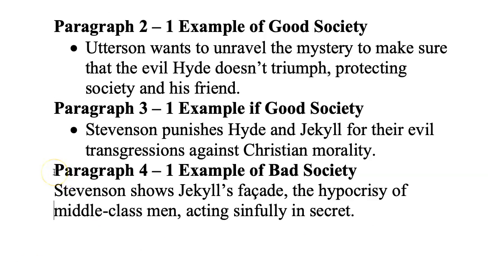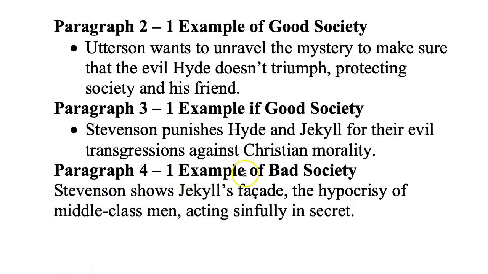So now I have to argue how he also shows society in a bad light because he wants to change it. So here Stevenson shows Jekyll's façade, that means the false front that he puts forward, the hypocrisy of middle-class men, represented by Jekyll, who are acting sinfully in secret. So Stevenson is arguing this whole section of society is hypocritical in the same way as Jekyll.